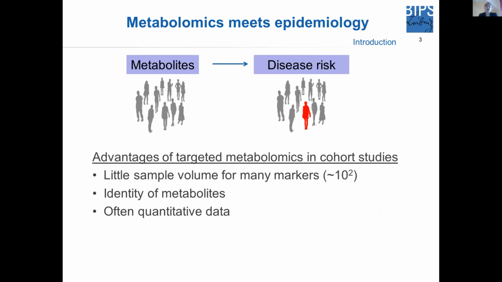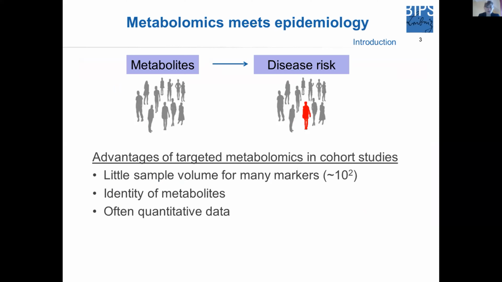So in large cohort studies, what we usually want to do is measure as many metabolites as possible, and then in prospective cohorts, link this to the incidence of, for example, chronic diseases. And now, what is the advantage of metabolomics in cohort studies? Well, what we usually have in cohort studies is this one really valuable baseline sample.